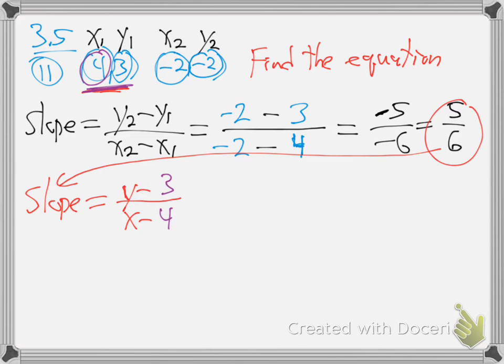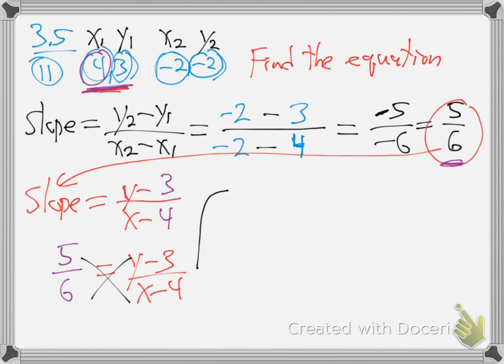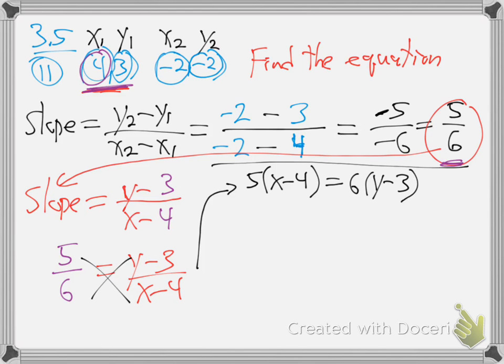And the slope, 5/6, goes over here on the left. Good to there? And then we go diagonal, diagonal, and we cross multiply. Boom, boom. Bring it up here. So we get 5 times x minus 4, 6 times y minus 3.